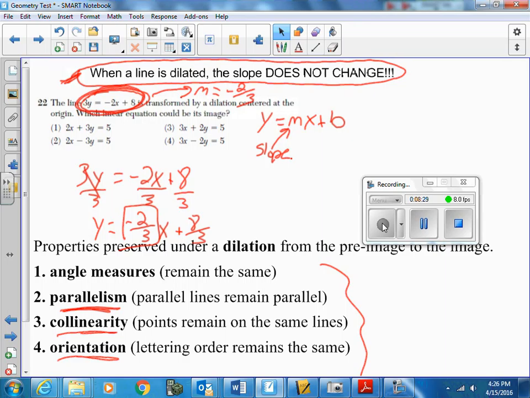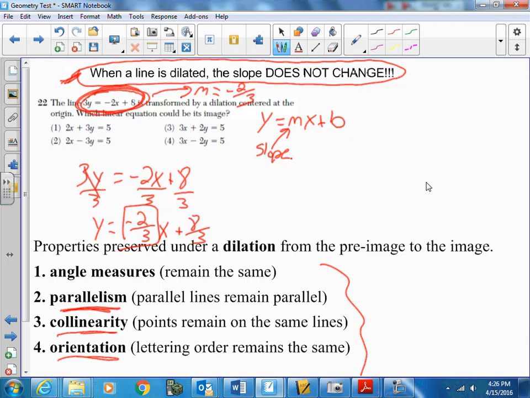So, let's look at number 1. I'm going to write it down over here. I'm going to have 2x plus 3y is equal to 5. Now we need to get y by itself and put it in y equals mx plus b form. So you're going to move this 2x over here, minus 2x.